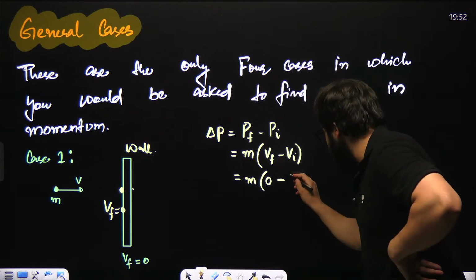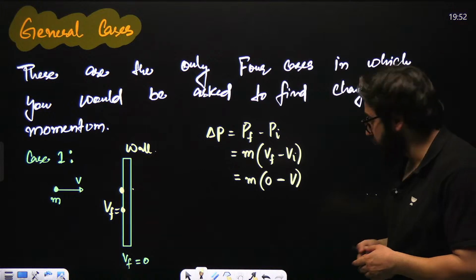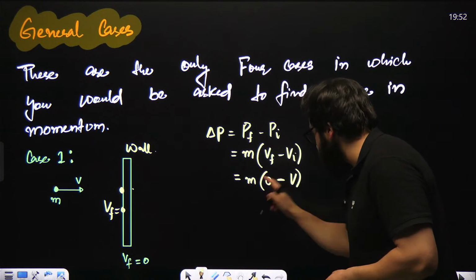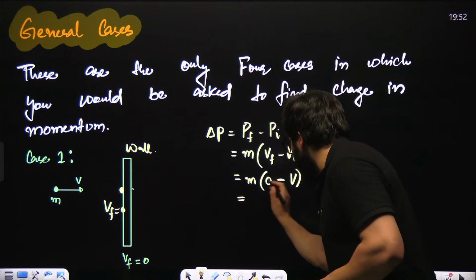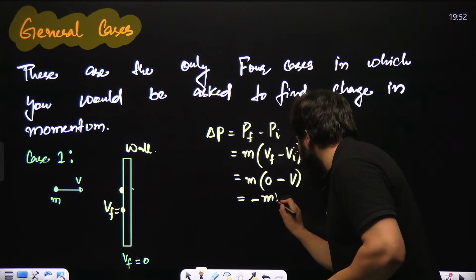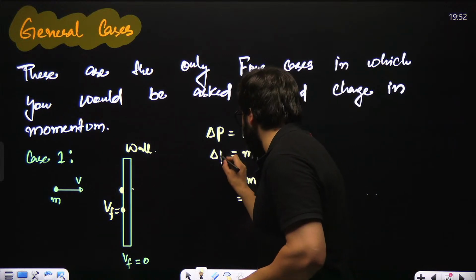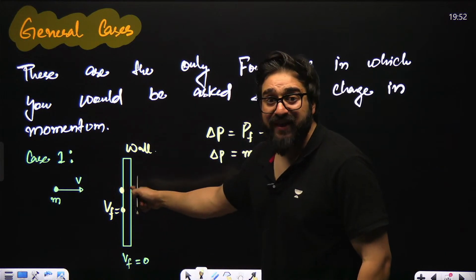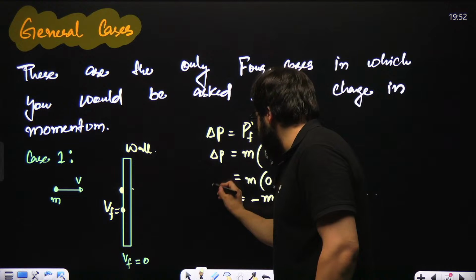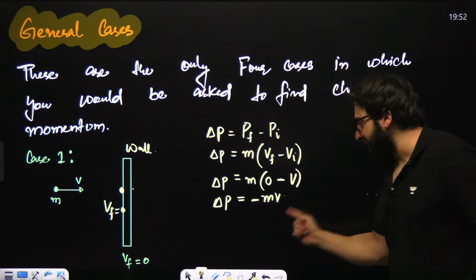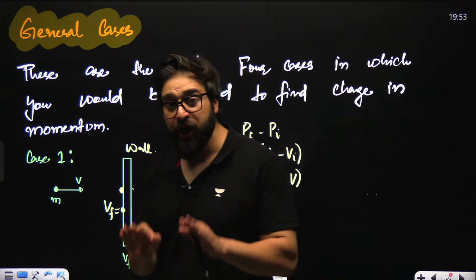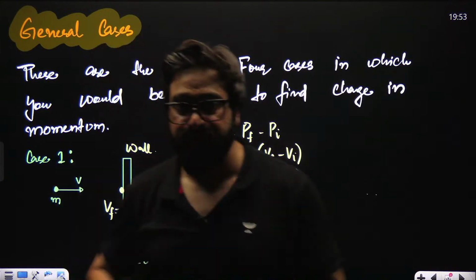So now m into 0 is 0. m into v is mv. And minus over here, it is minus mv. So in this particular case, a perfectly inelastic collision, the change in momentum is minus mv. Next.